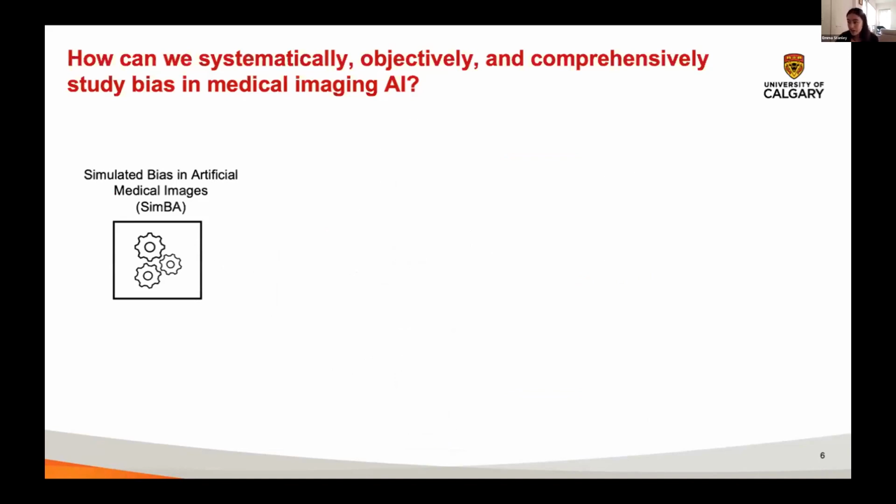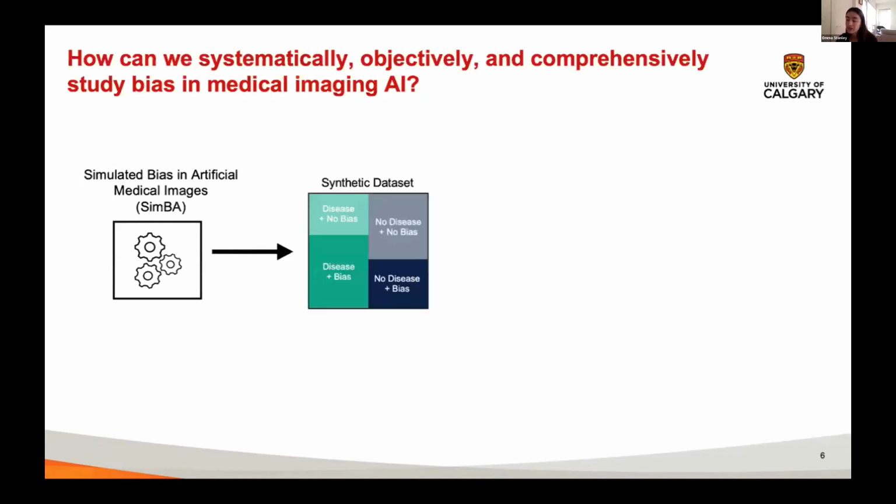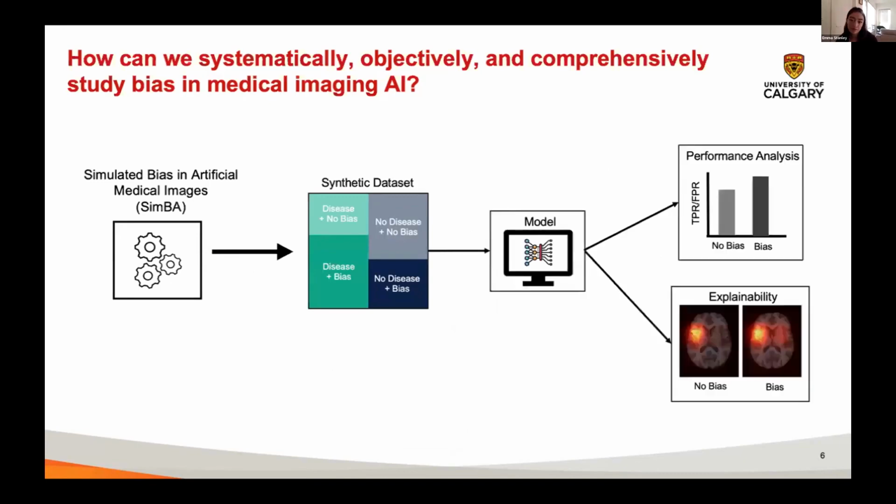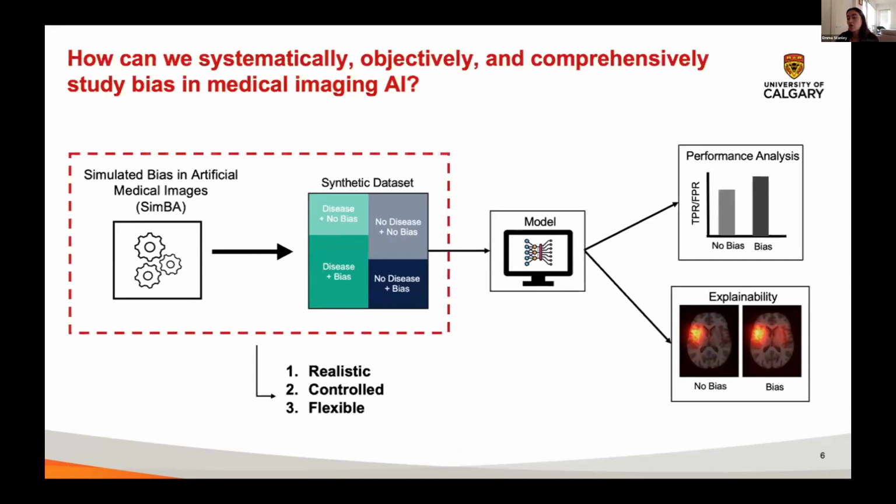Just to briefly describe, the core of this framework is the ability to add bias effects to synthetic medical images in a controlled manner, so that you can then objectively study the impact that those biases have on deep learning pipelines. There are a few key characteristics that we wanted this framework and these datasets to have. One, to be realistic, so to represent real medical imaging data the best that we can.